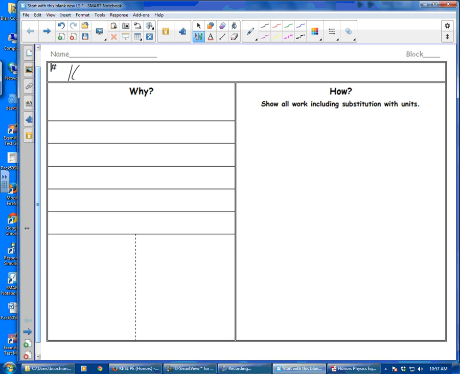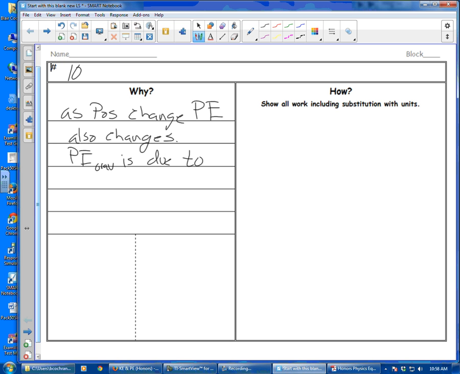This is number 10. So as position changes, potential energy also changes. And gravitational potential energy is due to the gravitational force, which is also depicted as their weight, and height, since that's the distance in the direction of that force.